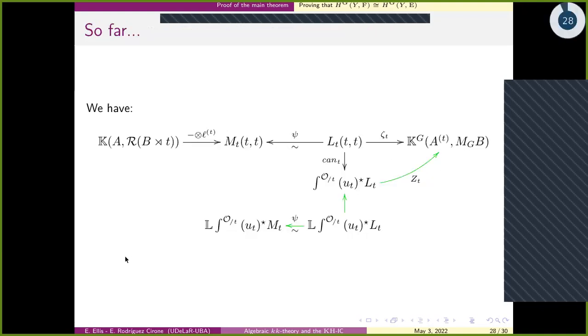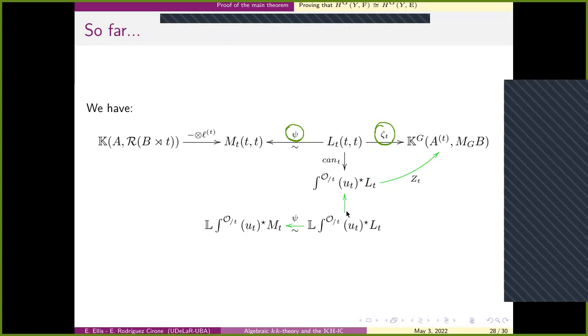Okay, so far we have taken care of this morphism and replaced it by ζ_t, the green ζ_t. Then we have taken care of this because we can take its homotopy coend.